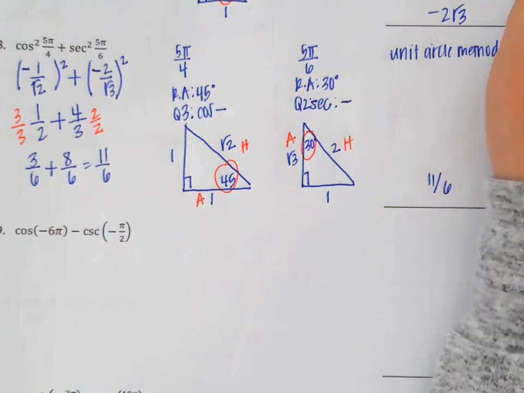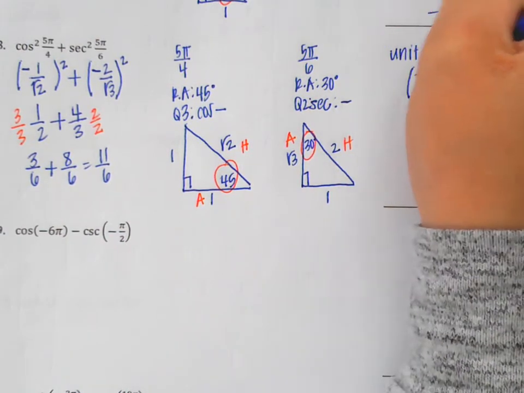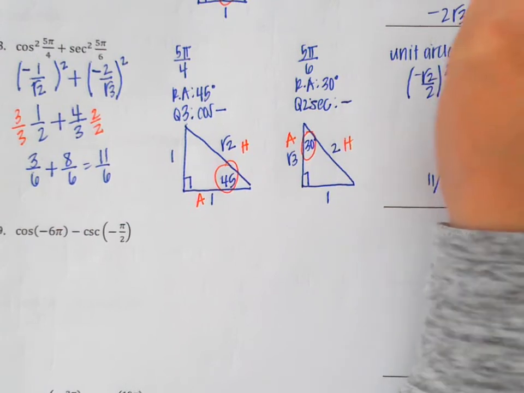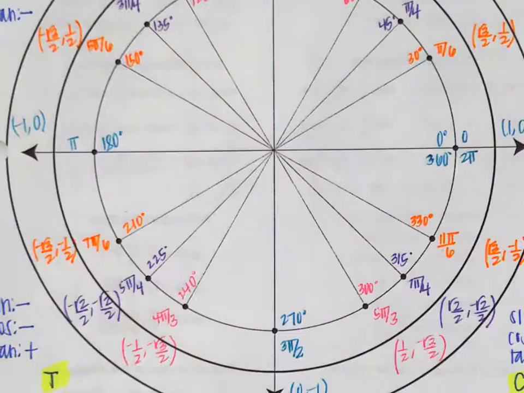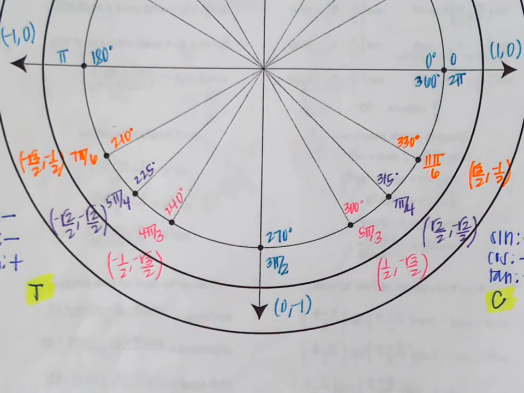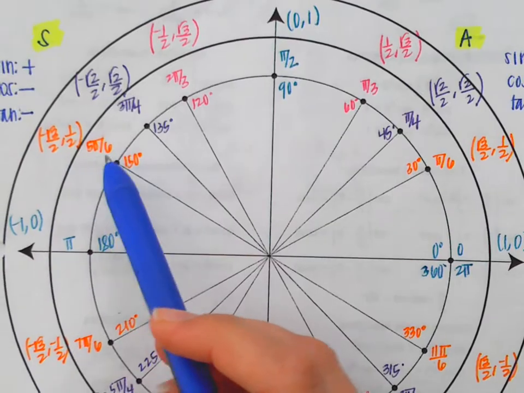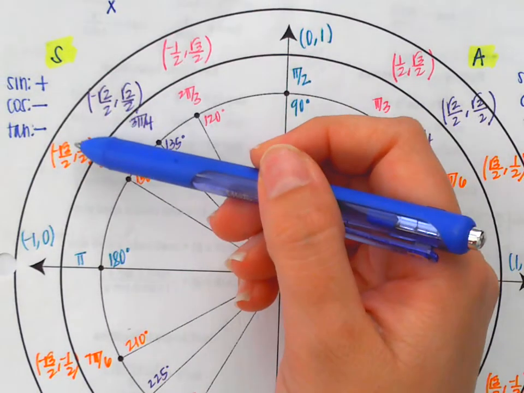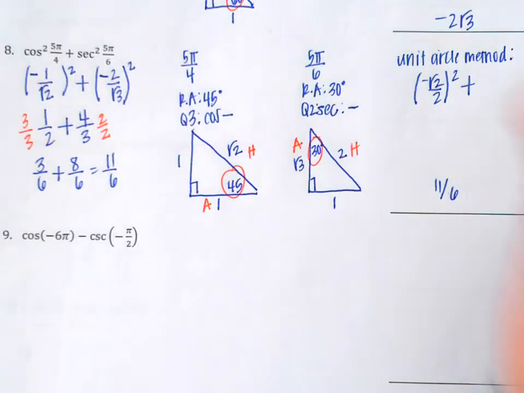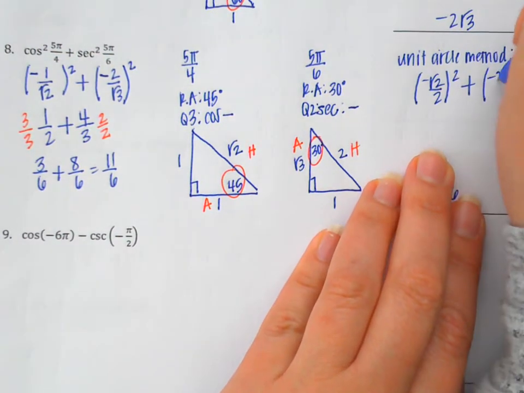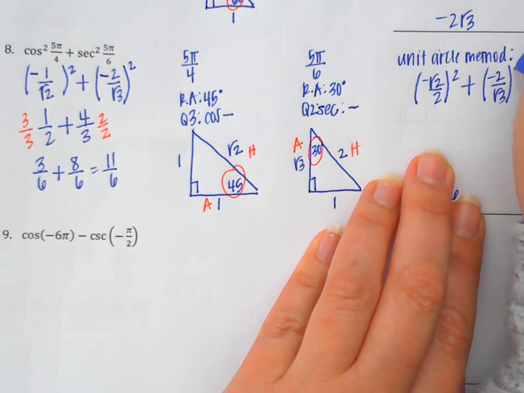So that would be negative rad 2 over 2 squared plus, and then secant of 5 pi over 6. So 5 pi over 6 is here. Secant is the reciprocal of cosine. So I would just flip this. It would be negative 2 over rad 3 squared.